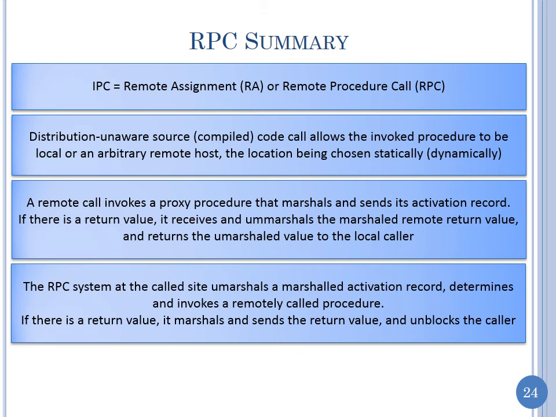And there is an RPC system at the callee side that invokes the right method in response to what is received on the network, pushes the activation record of the procedure that is called, pops it off, and marshals the results back. Okay, so these are the things that I really want to bring out in this discussion. Everything else was sort of details to illustrate this.